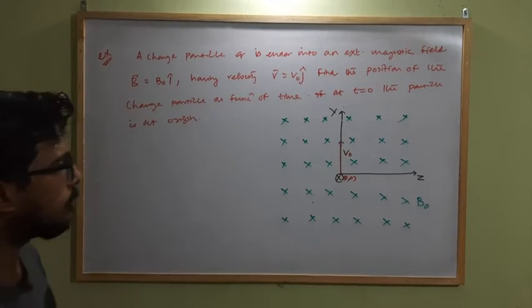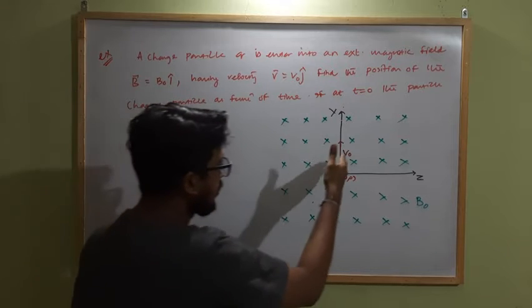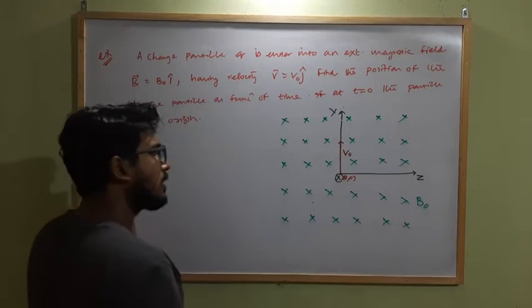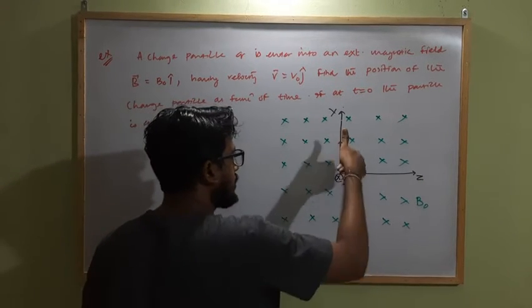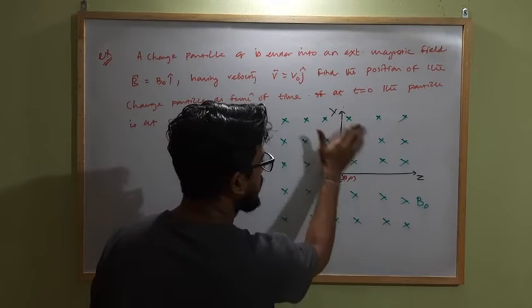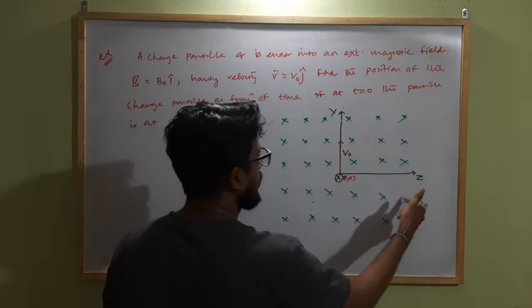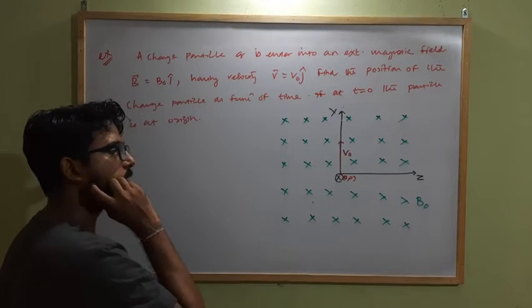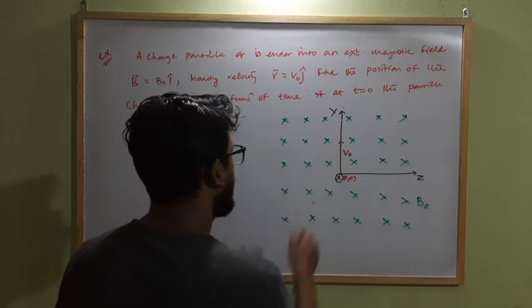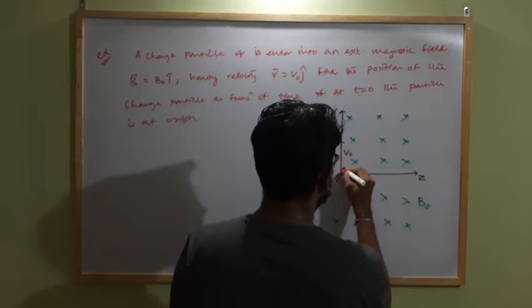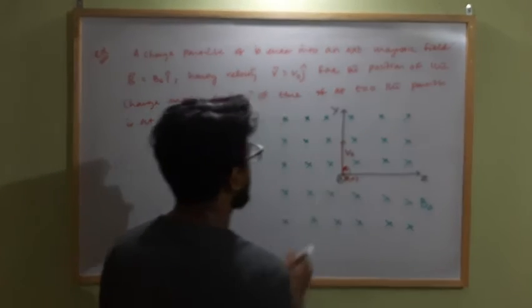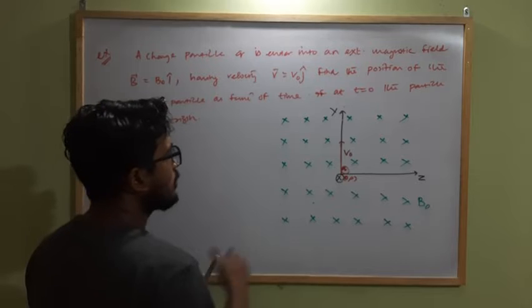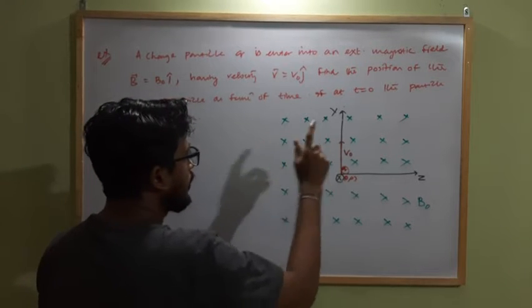Okay, so as we know, here the direction of velocity and direction of magnetic field are perpendicular to each other. Velocity is in the zy plane and the field is along the x-axis. That means there is a force acting on the moving charge q perpendicular to it.